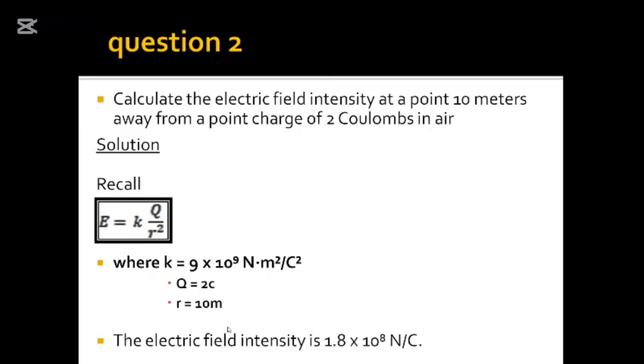How? Substitute the value of Q where you have Q, substitute the value of R where you have R squared, and now the value of K where you have your K. Every other thing there is mathematics. Try and do that now. Bring out your paper, make that solution yourself, and try to get 1.8 times 10 raised to the power 8 Newton per coulomb.